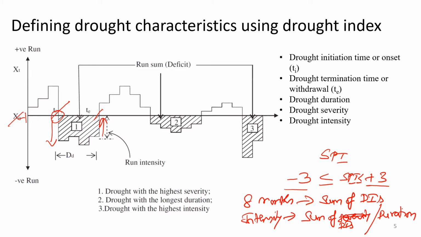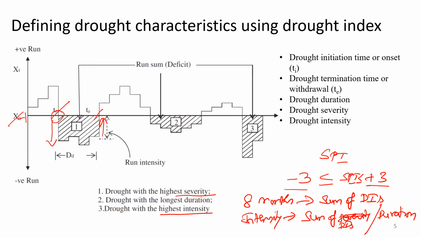So intensity is kind of an average severity, whereas severity is nothing but the total accumulated value of the drought event. So these two pieces of information will be used for characterizing how bad or how normal the drought conditions are over a region.